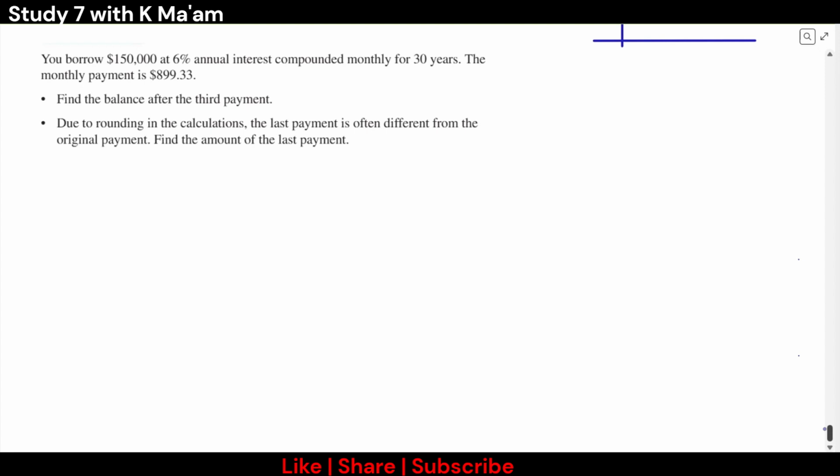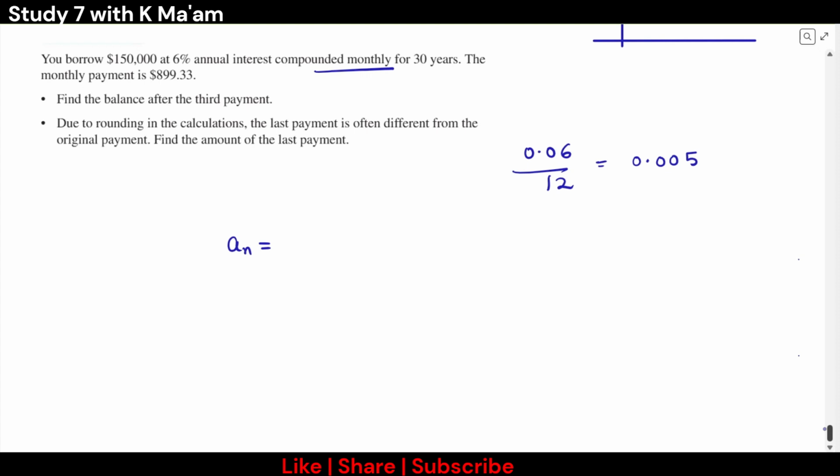Okay, let's find its equation. The rate is 0.06, but it is annual and it is asking monthly, so divide by 12. If I divide by 12, I will get 0.005, and the payment was 899.33. So we are writing an equation in recursive form.